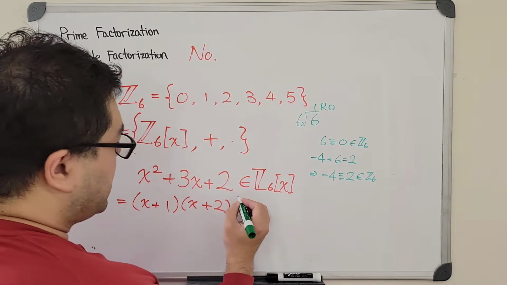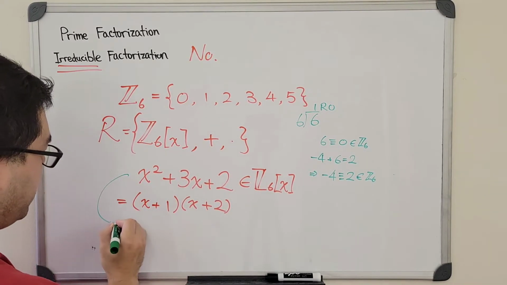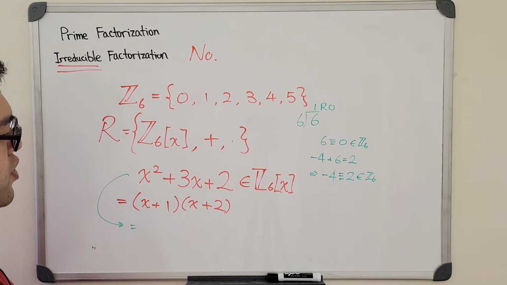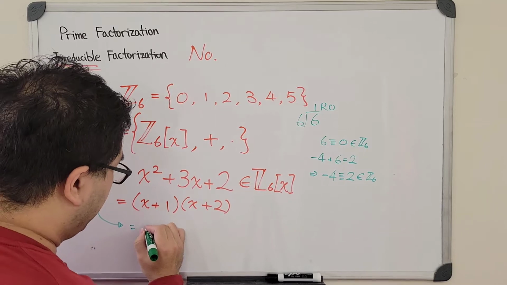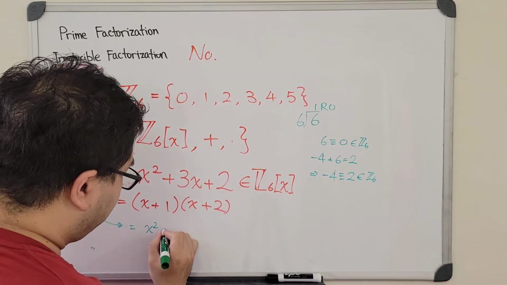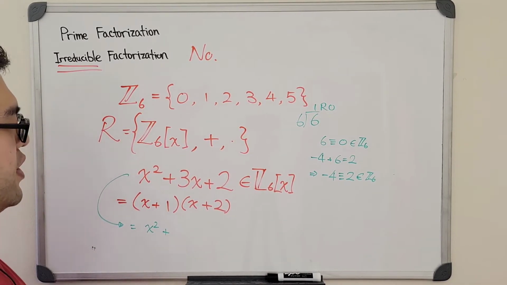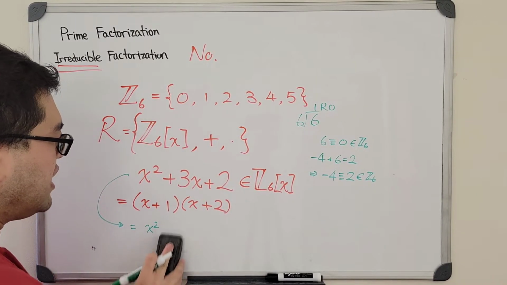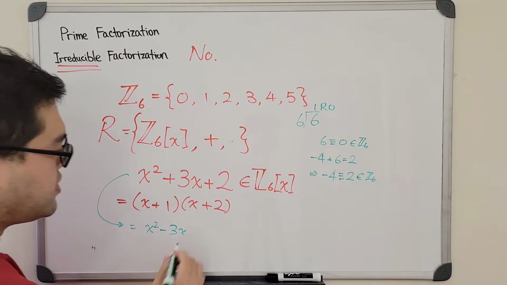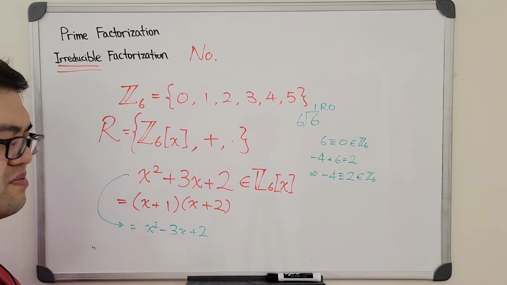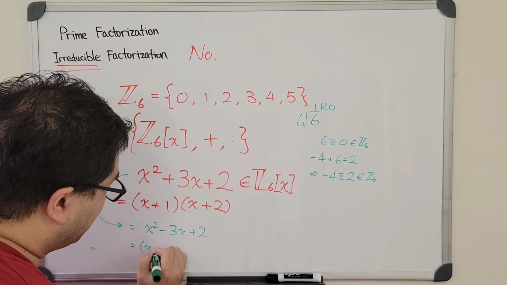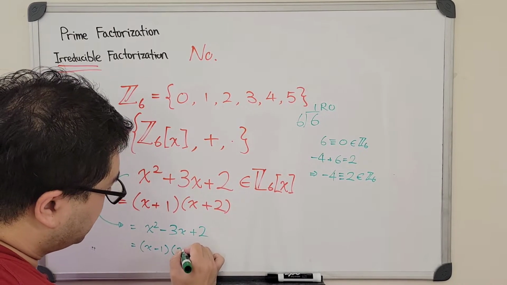So in this case, we can also rewrite our quadratic expression x squared plus 3x plus 2 into the following. We can write 3 as negative 3, and we will now get x squared minus 3x plus 2, which if we factor as usual, we will get x minus 1 times x minus 2.